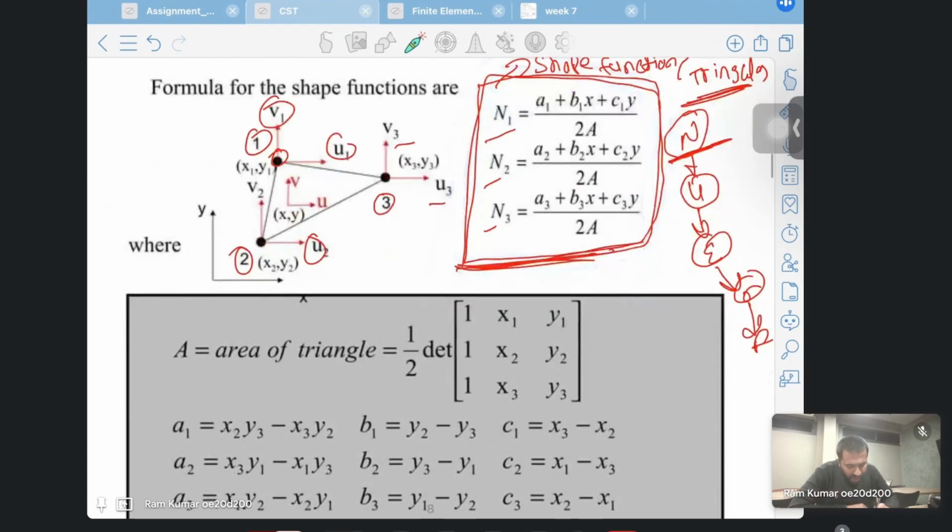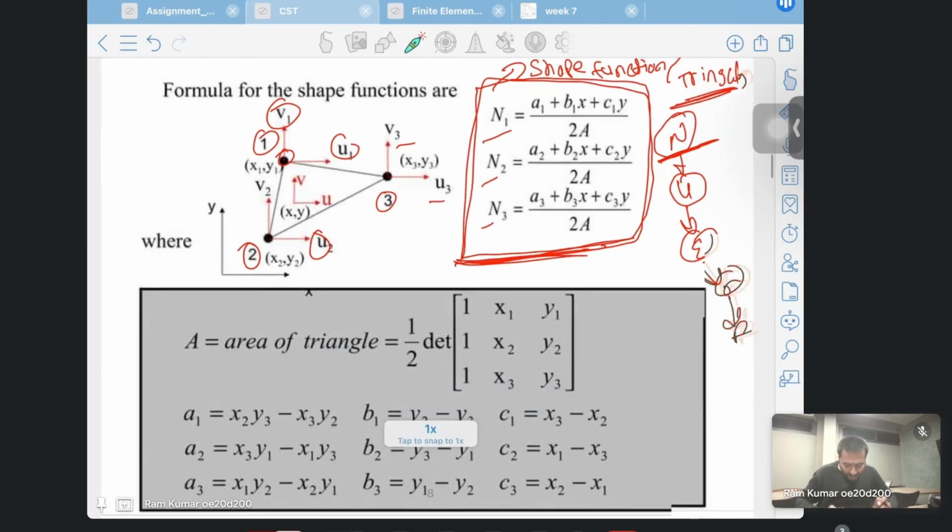And what is A? It is the area of the triangle. I think we can find the area in determinant form, with rows 1 x1 y1, 1 x2 y2, 1 x3 y3. After evaluating this determinant, we will get the area of the triangle element.